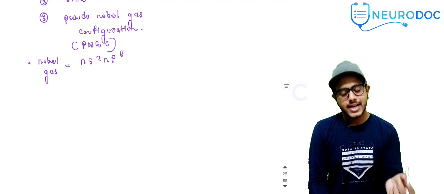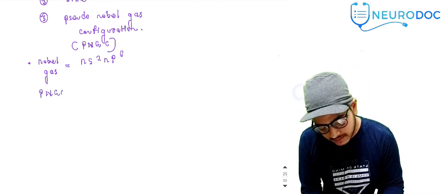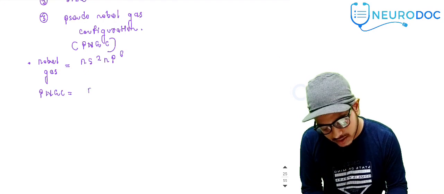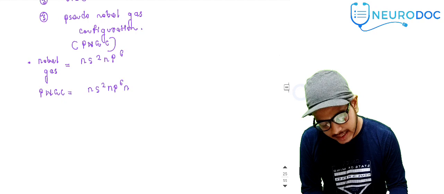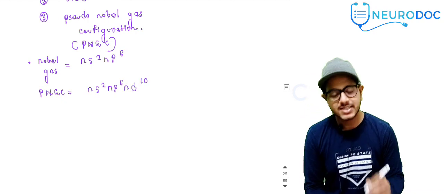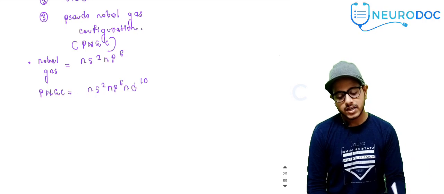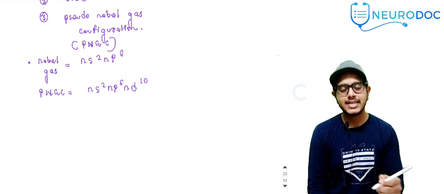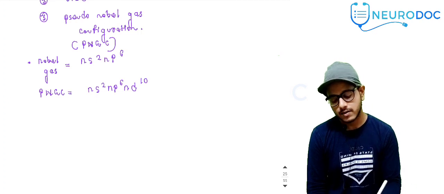What is pseudo noble gas? Pseudo noble gas configuration means if the configuration is ns2 np6 nd10. Now what is n? n is the outermost orbit or outermost shell. If the configuration is ns2 np6 nd10, then that is pseudo noble gas configuration.